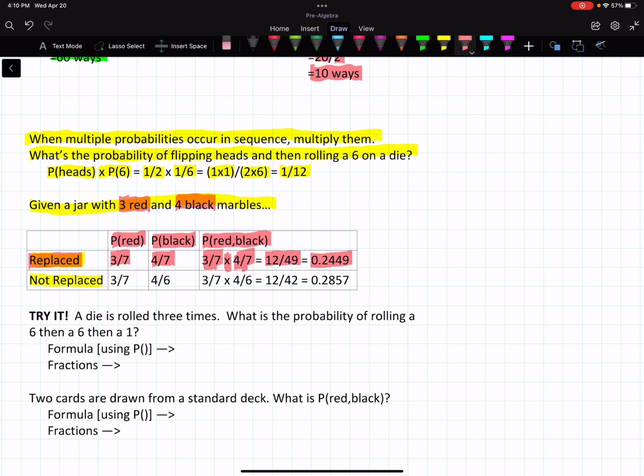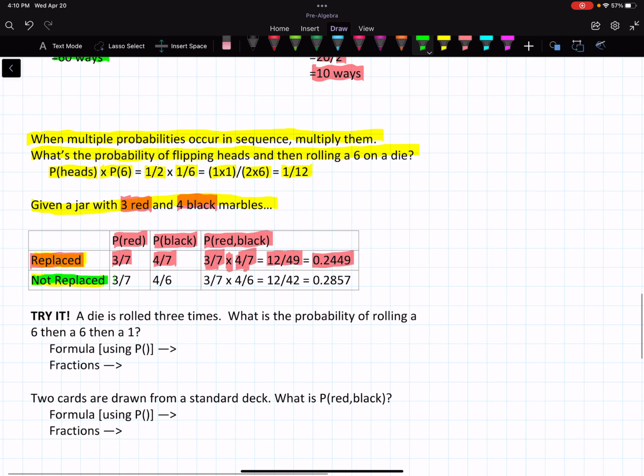Now let's do that same problem, but this time we're not going to replace it. So we have the probability of red. That's still going to be 3 out of 7, the same scenario we started with in the first example. But this time we're not replacing that marble, so there's only going to be 6 marbles left in our jar, but 4 of them are still going to be black.